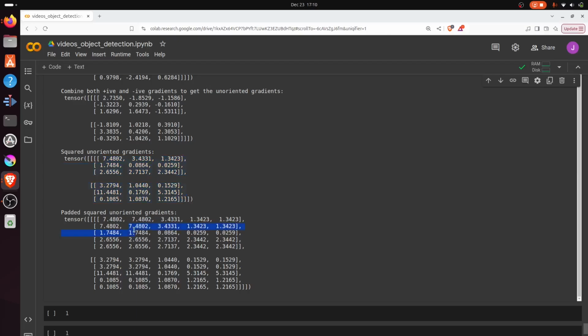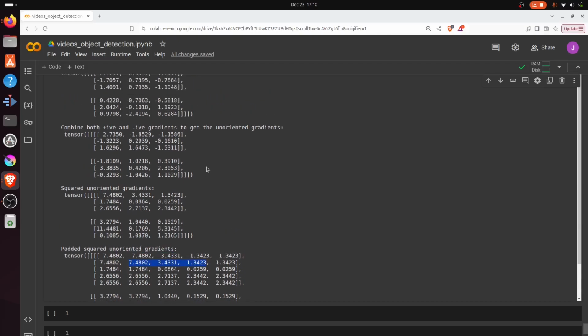But now look at this, this is our core, right? This is our core right there. Great. And what this padding is doing is, remember, adding the number of columns and rows that we specified.